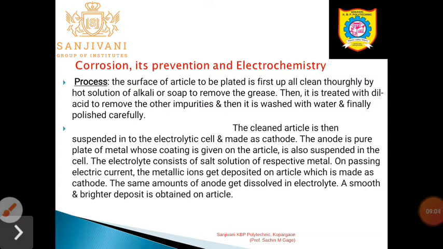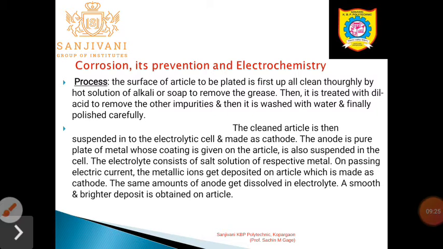The article is cleaned thoroughly with a hot solution of alkali, for example sodium hydroxide or potassium hydroxide, that is nothing but a base. Hot solution means at a temperature of 60 to 90 degrees centigrade, so we heat it, almost boil it.